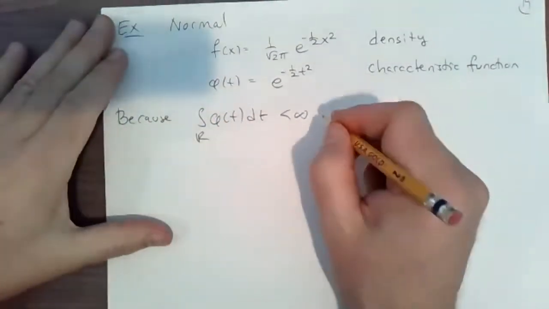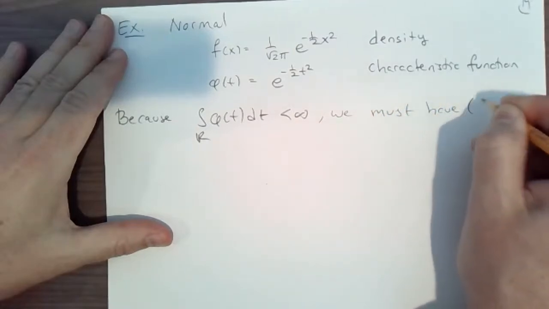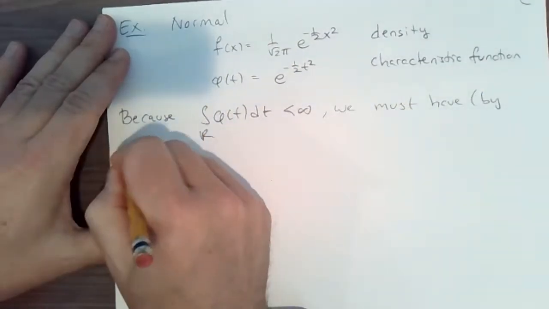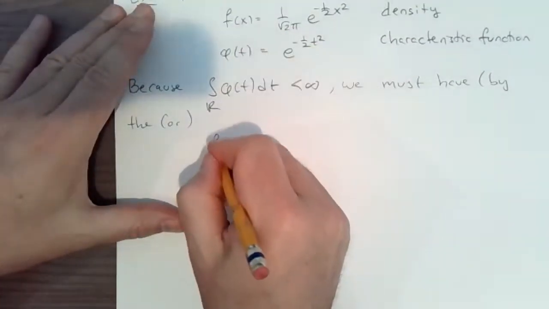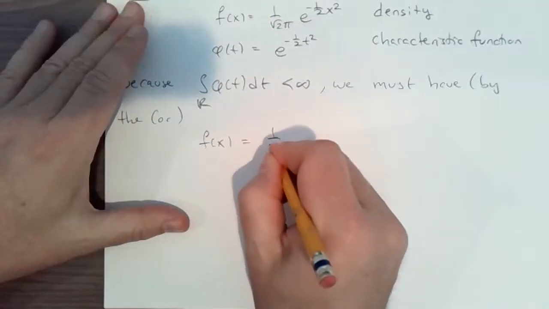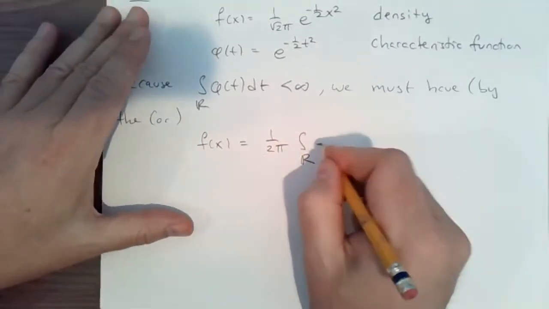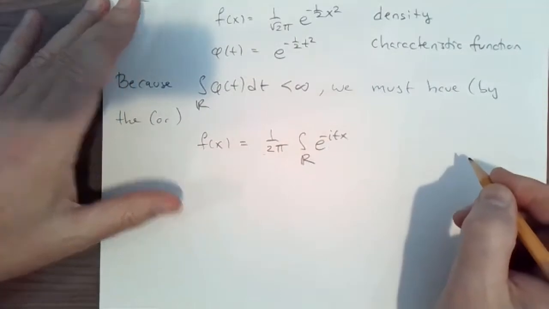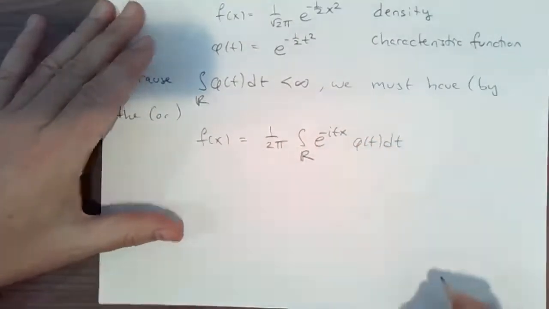Because this is integrable, and this is by the corollary, we must have that f of x can be written as 1 over 2 pi integral over R e to the minus itx phi of t dt.